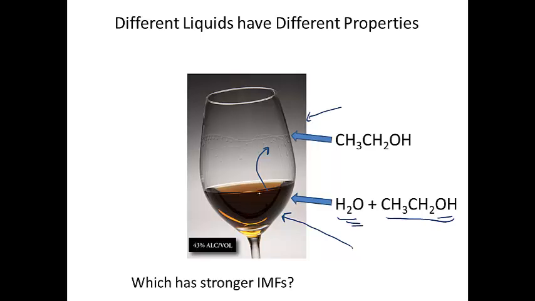The water stays put, stays down in the liquid, which means that this ethanol has a higher vapor pressure. And because ethanol has a higher vapor pressure, you know that water, therefore, has the stronger intermolecular forces because it has the lower vapor pressure. That's essentially the kinds of experiments you do, although this is a relatively trivial one.